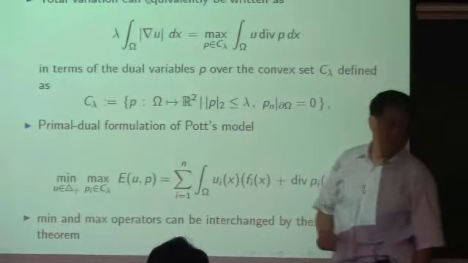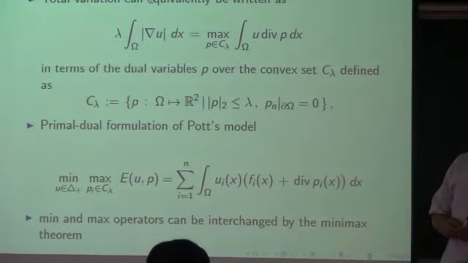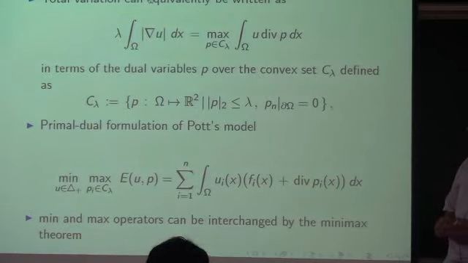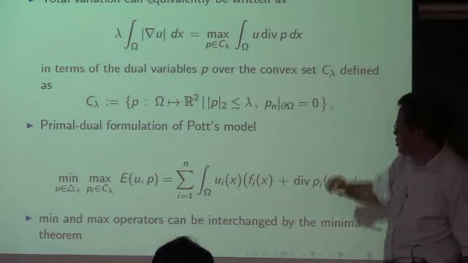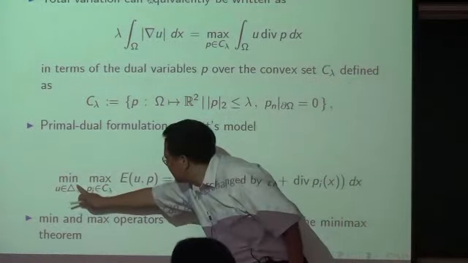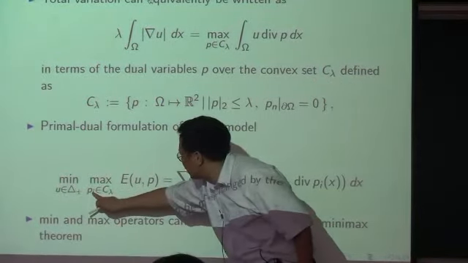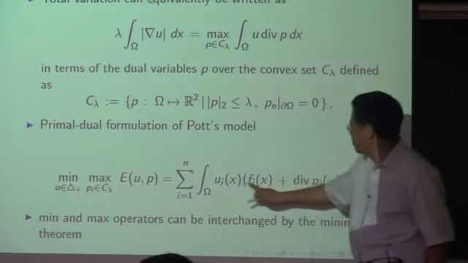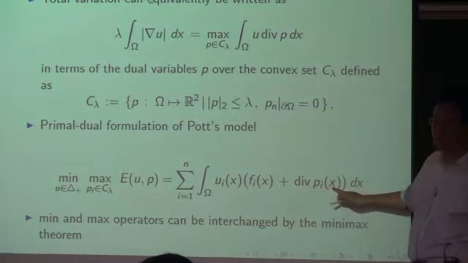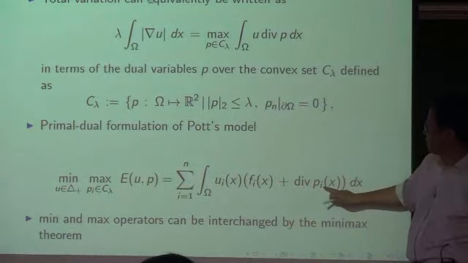This is one special property of the TV. Therefore, if you put this term into the previous model, U will be from this Gibbs triangle, and P is from C omega, so here Ui Fi, and then here divergence Pi.